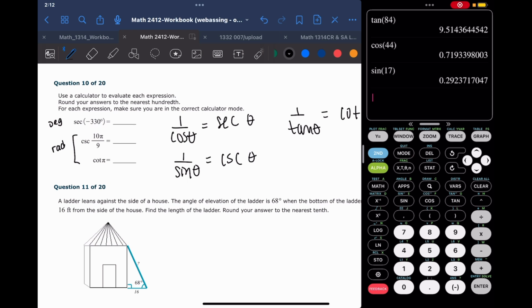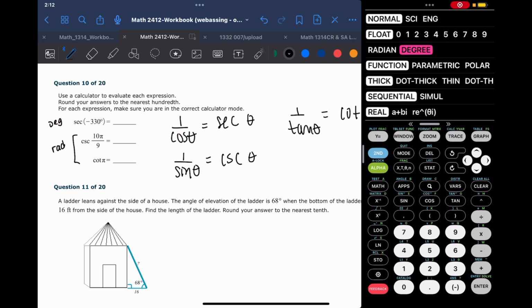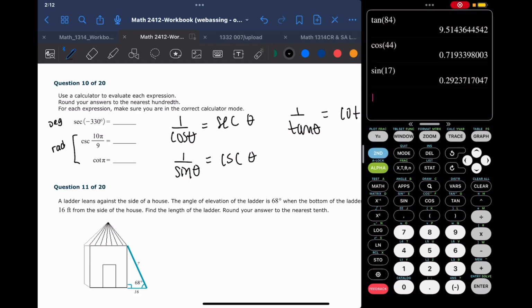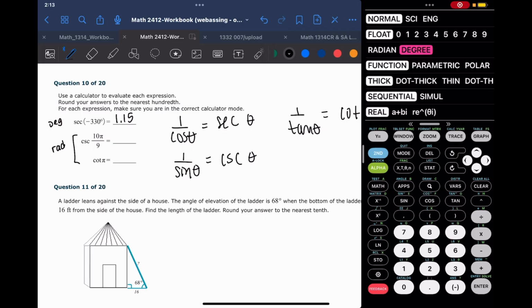So here we want to check the mode. We have degree. So I'm going to enter 1 divided by cosine of negative 330. I'm going to get 1.15 because it's 2 decimal places. And then we change that to radian for the next 2.